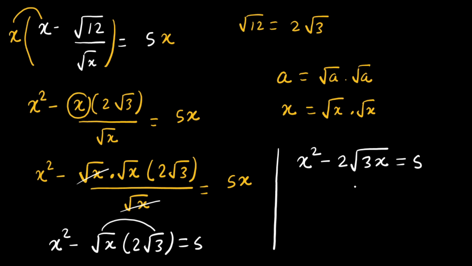Now if we take all the expression to the same side, because here is 5x, then you will get x square minus 5 times x minus 2 times square root of 3 times x, and this is equal to 0.